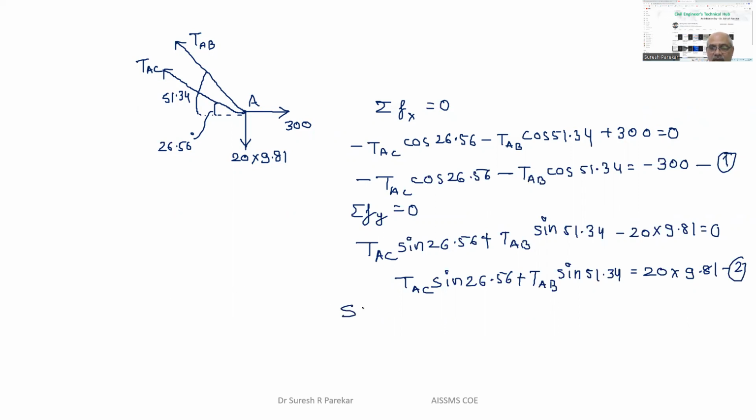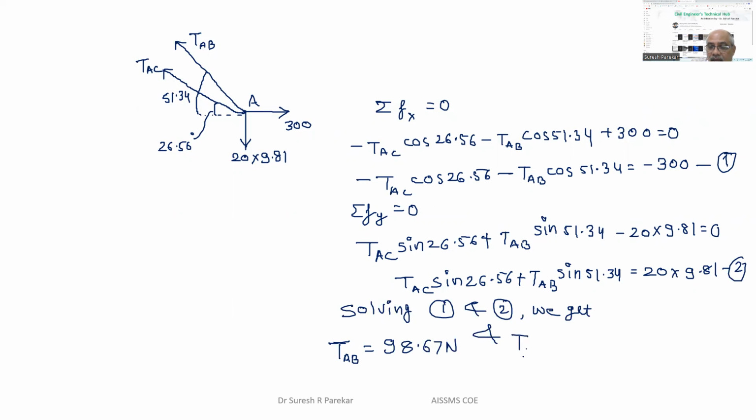So solving equations 1 and 2, we get TAB equal to 98.67 Newton and TAC equal to 266.49 Newton.